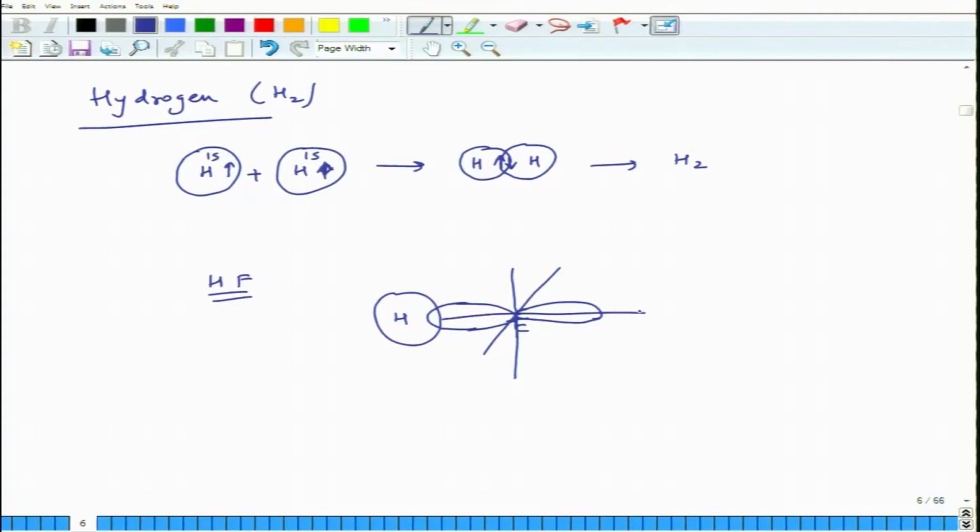You have a total of 6 orbitals. I am not drawing all the orbitals, but if I put them in different color, you will have a spin, one spin up, another spin down, and this would make HF. This is again a covalently bonded molecule.